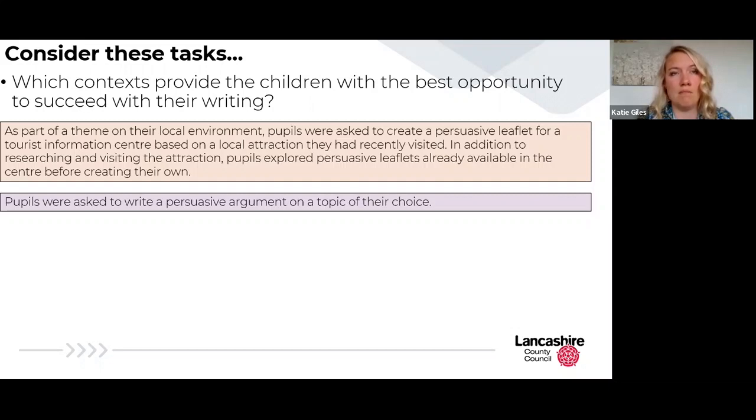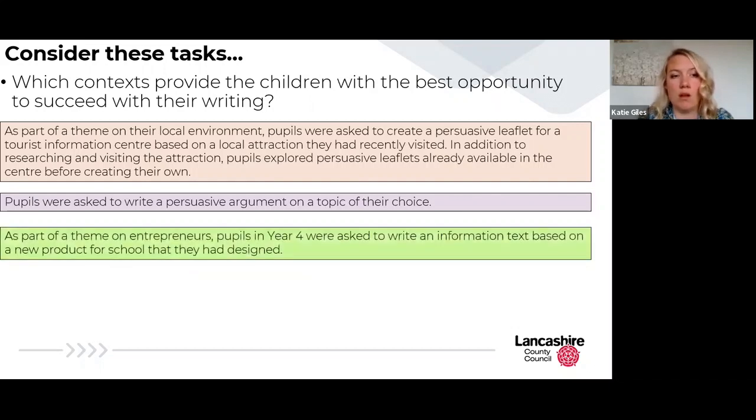Now, that might mean that some children would struggle with this task because they are open to choosing their own topic, and depending on what topic they choose will then inform the audience. Now, in terms of setting this up as a task in your class, consider, would this provide children with the best opportunity to succeed with their writing?